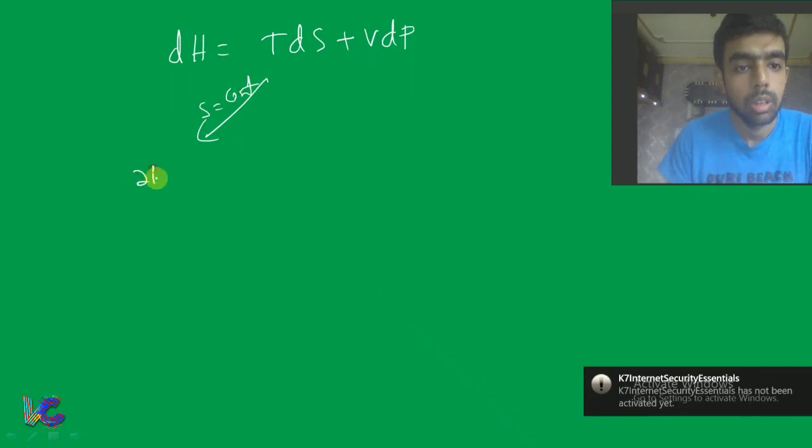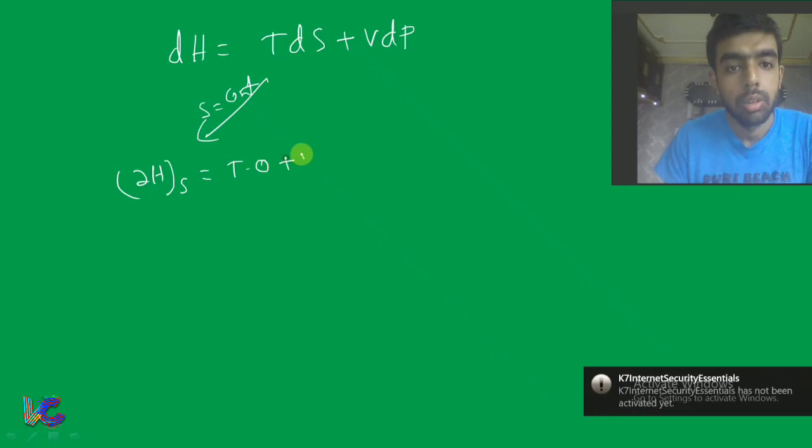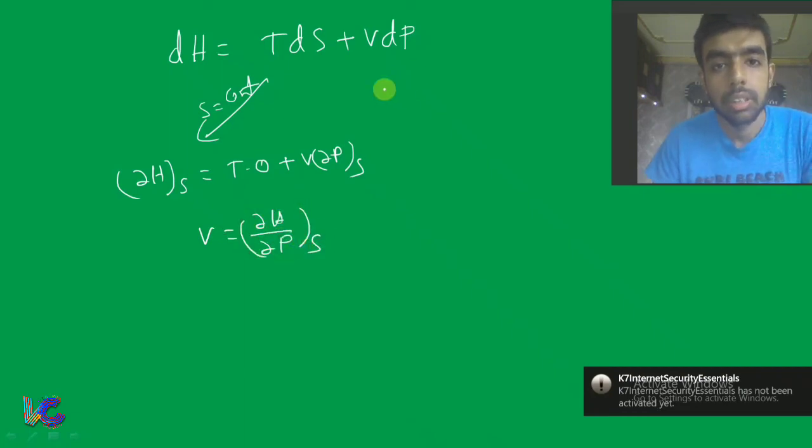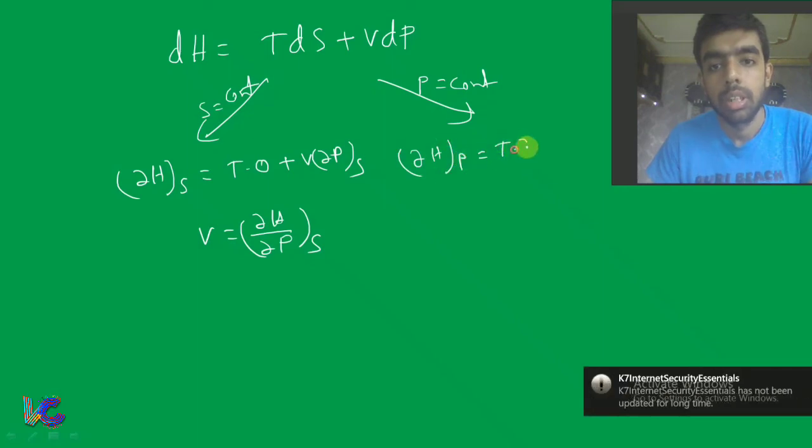So S equal to constant means del H at constant S, T into 0 plus V del P at S. So V becomes del H del P at constant S. And if you write here P equal to constant, then del H at constant P becomes T into del S at constant P plus 0, so T becomes del H del S at constant P.